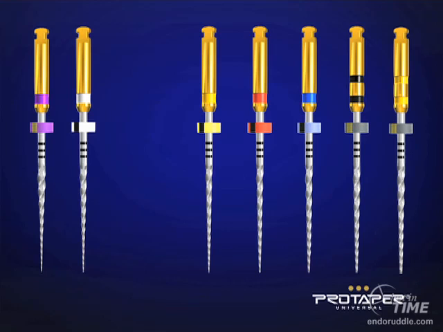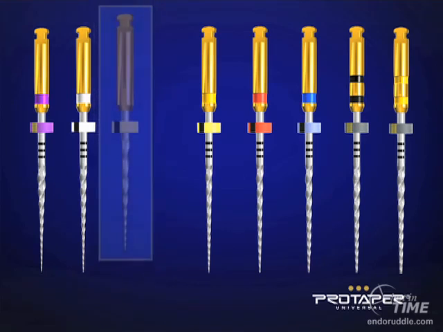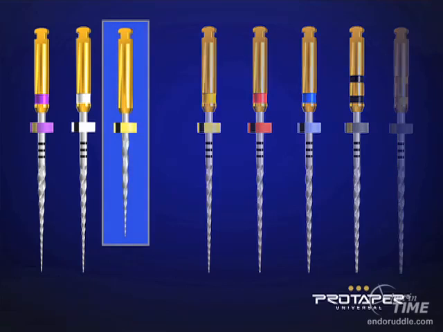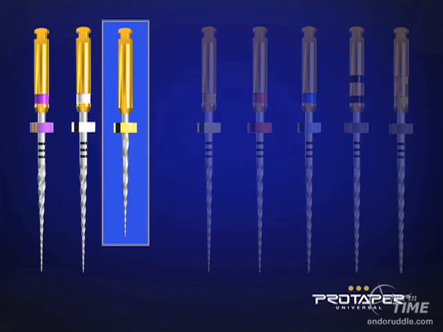To round out the shaping family of files, there is a file that looks short to you, and it is short. It's only 19 millimeters in its overall length. This is called the auxiliary shaping file, or Shaper X. Shaper X is used for two reasons. One, it helps you in the access game get radicular access.